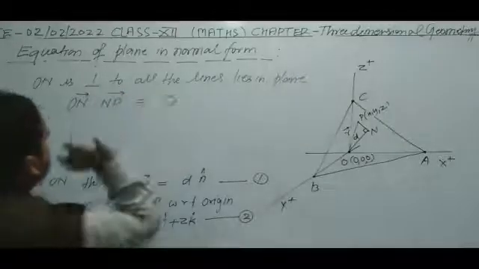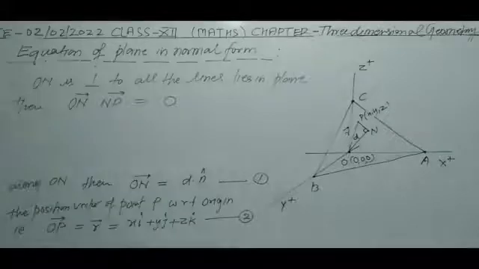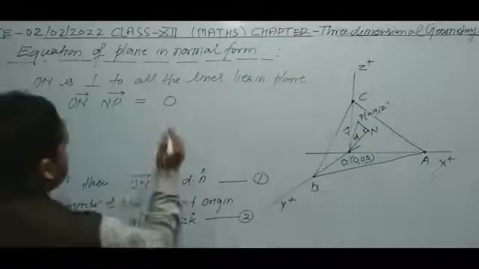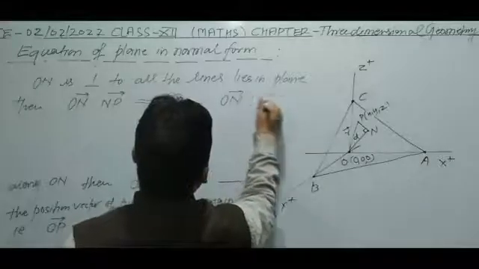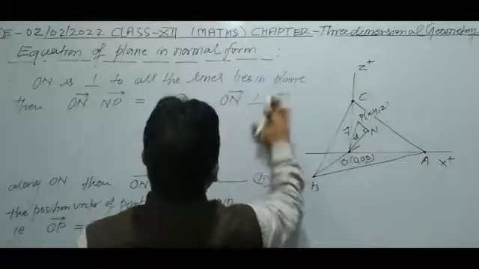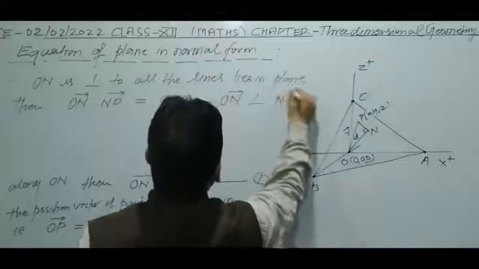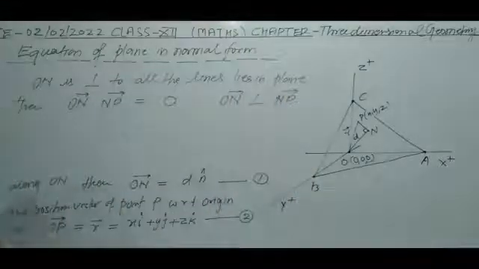The result you will get is 0, because ON vector is perpendicular to NP vector. So ON dot NP, the result you will get is 0.